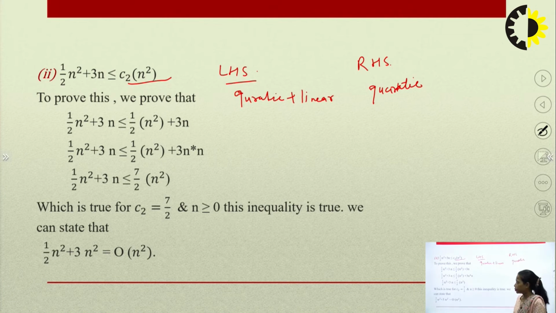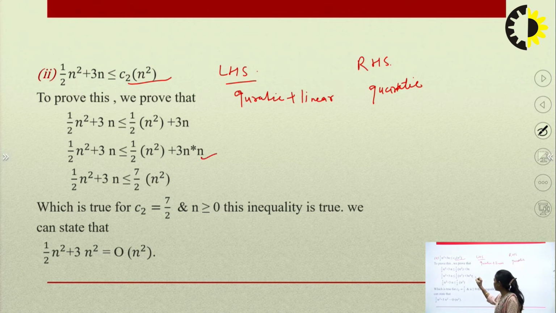So to prove this, we have to show that 1 by half n square plus 3n is less than or equal to 1 by half n square plus 3n. Fine. So in the next step, we have to make the right hand side a totally quadratic equation.